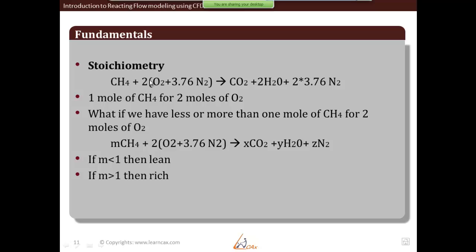Usually whenever we have that sort of reaction, the hydrocarbon substance is called the fuel, and the air with which it is reacting is mostly called an oxidizer. That is the terminology that is utilized. So if the fuel is less than stoichiometric fuel, it is called a lean mixture, and if the fuel is more than stoichiometric fuel, it is called a rich mixture.